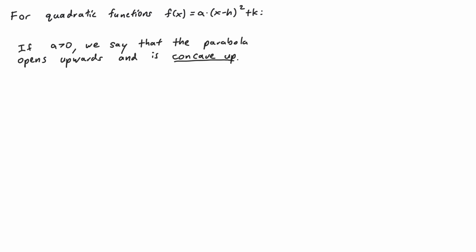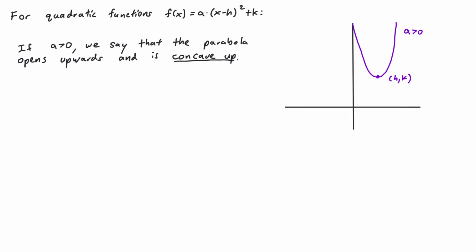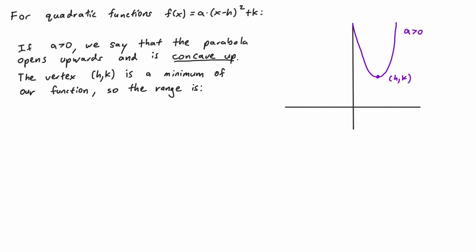So when a is a positive number, we say that the parabola opens upwards and is concave up, and it has this sort of shape. Notice that in such a situation, our vertex (h, k) is a minimum for our function.